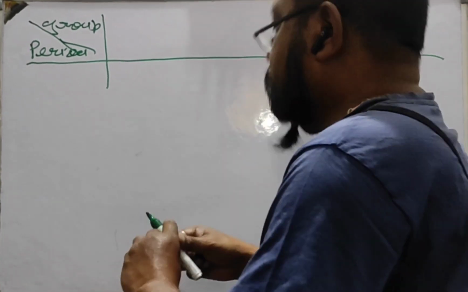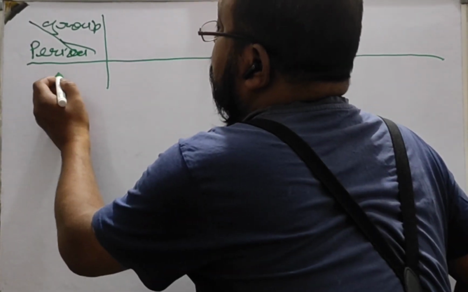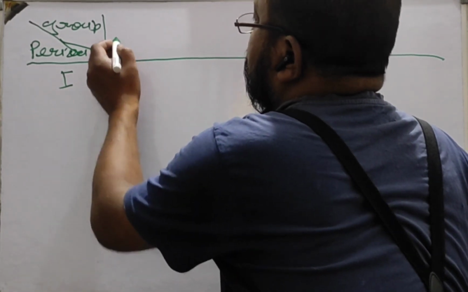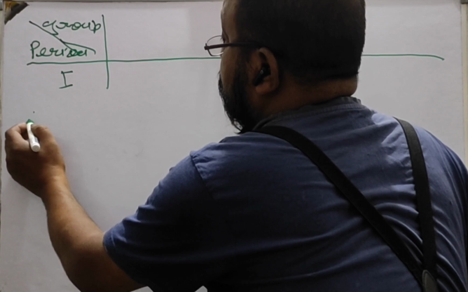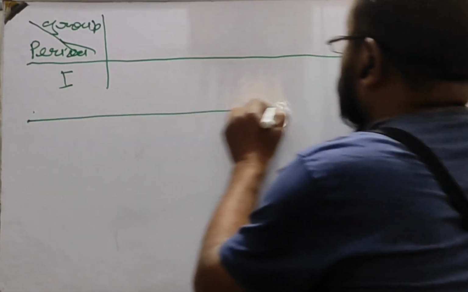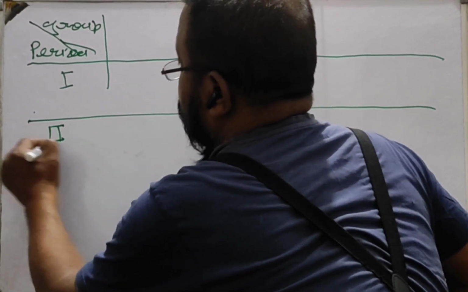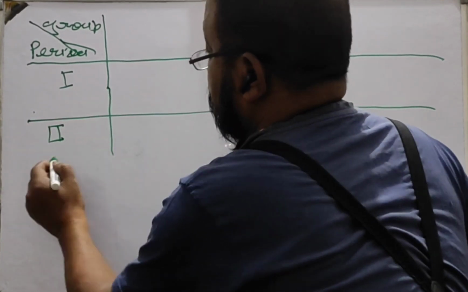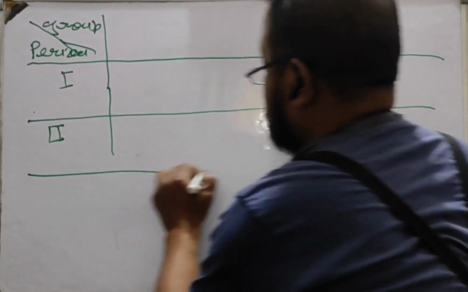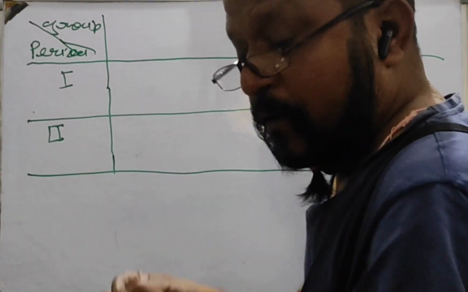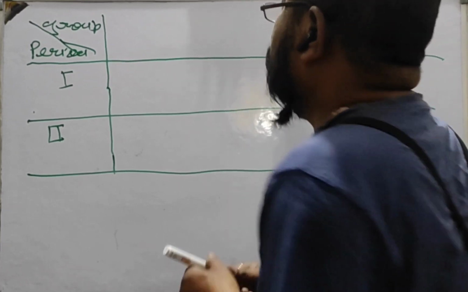So this is period 1, right? And then we have period 2, like this. And now we have groups.